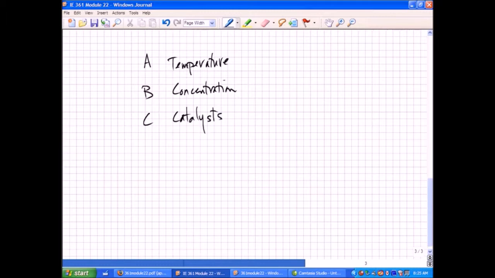And each of these factors, A, B, C, temperature, concentration, and catalyst, had so-called two levels.